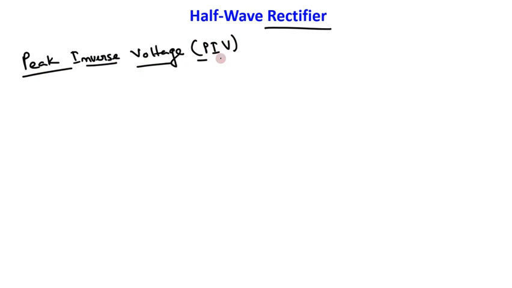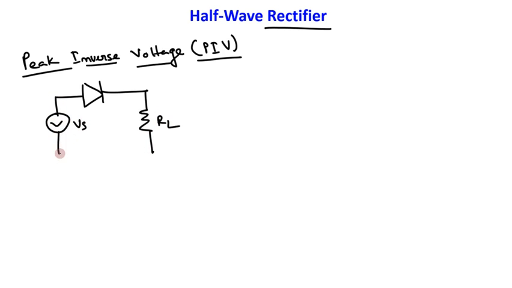So what is this PIV? To discuss that, let us again draw the circuit first. So this is R_L, this is the supply voltage Vs, and this is a sinusoidal signal. So this Vs of t is basically Vm sine omega t.